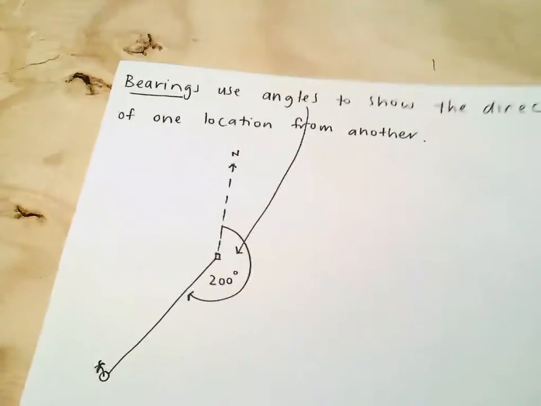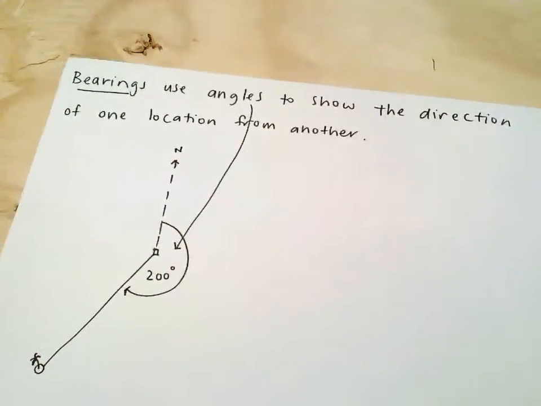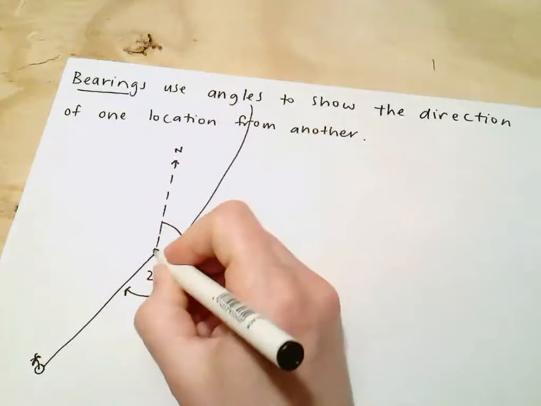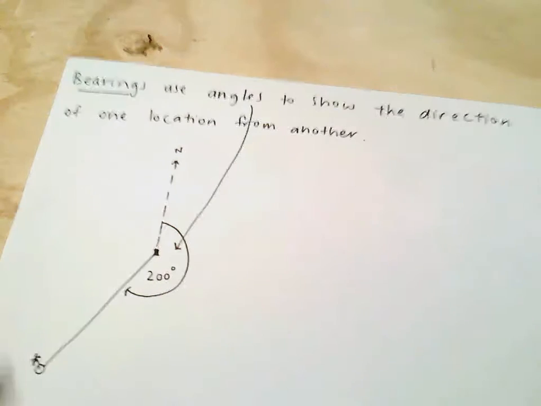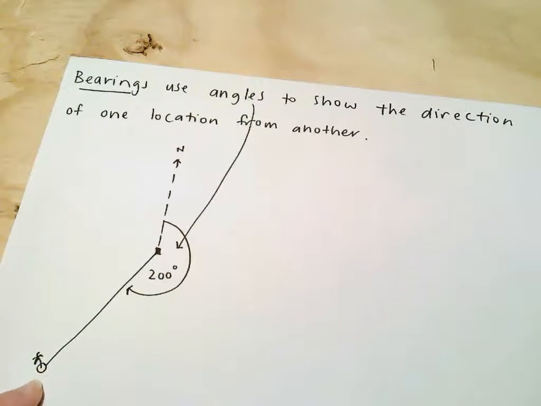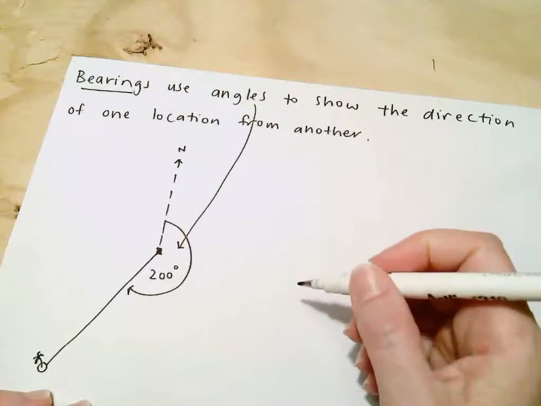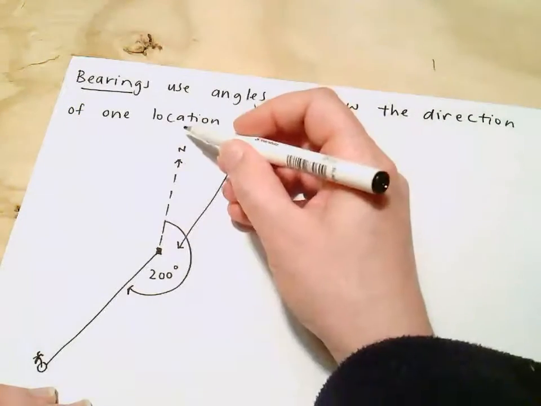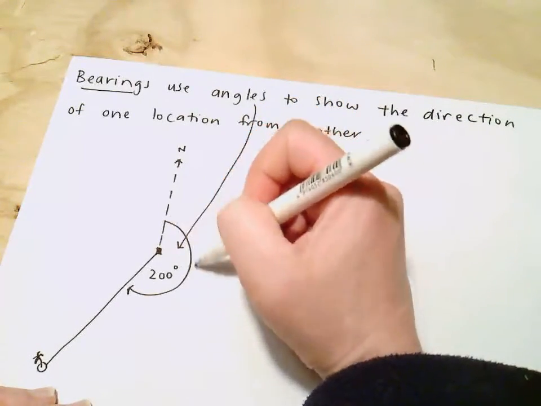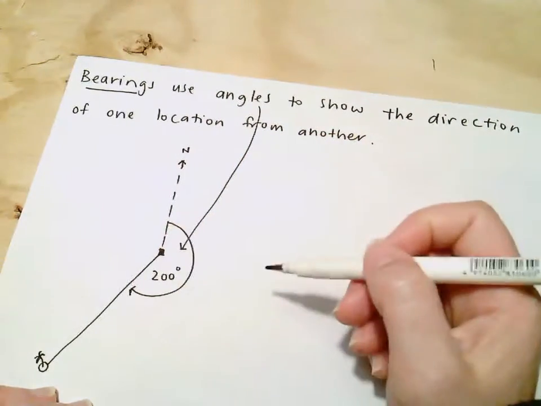What do we mean by bearings? Bearings are a way of using angles to show the direction of one location from another. So if, for example, I was floating along on this little life raft here, and I knew that there was a palm tree and a nice little island over here that I was going to be rescued on, so picture this as looking down on it from a bird's eye point of view, and I knew that north was here, I would have to work out, well, what's the angle at which I'm going to sail my little raft in order to reach that island?